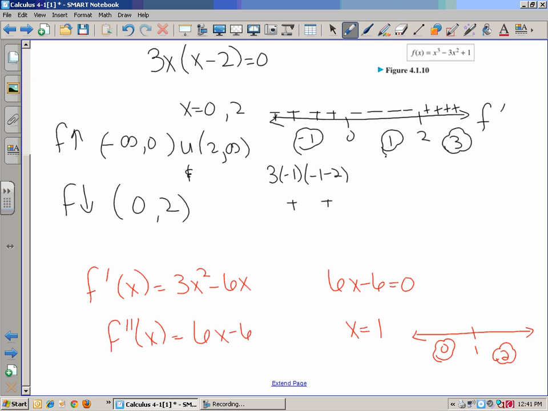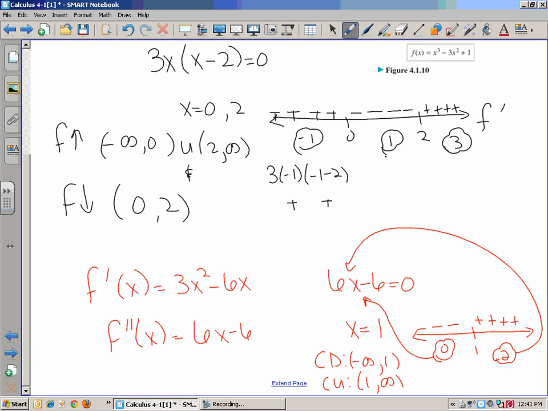Plug in 0 to my derivative. I get a negative number. Plug in 2. I get a positive number. That says that I am concave down from -infinity to 1, and I am concave up from 1 to infinity. It also tells me that I have an inflection point at x equals 1.